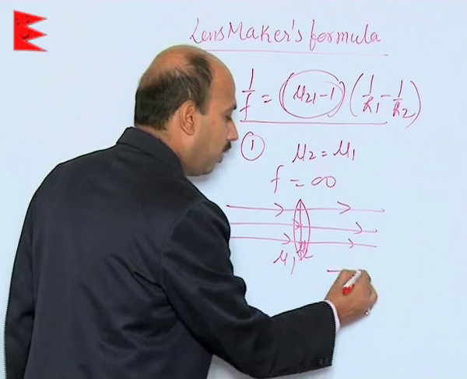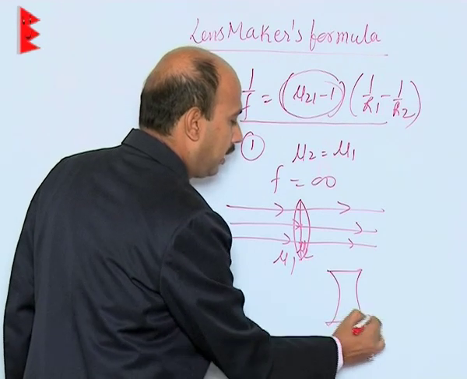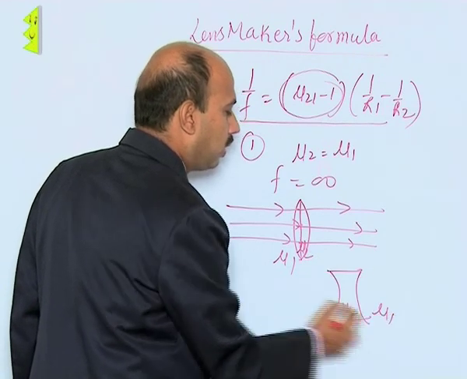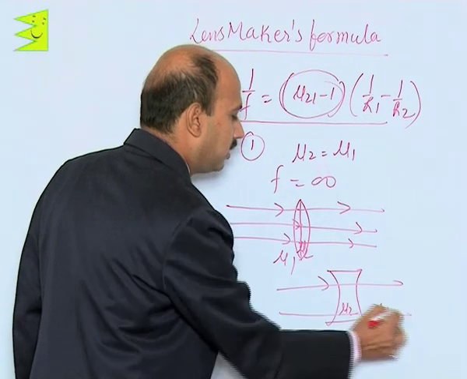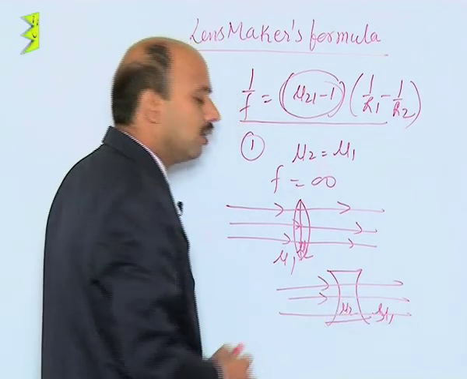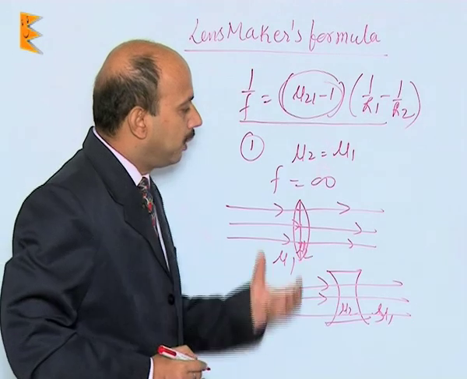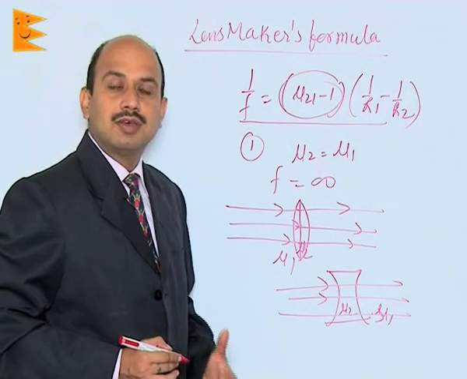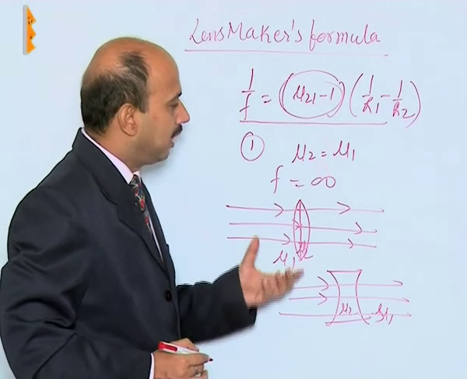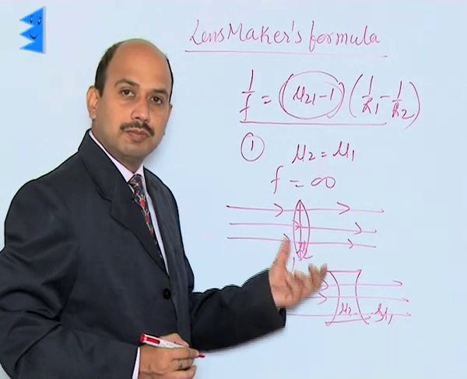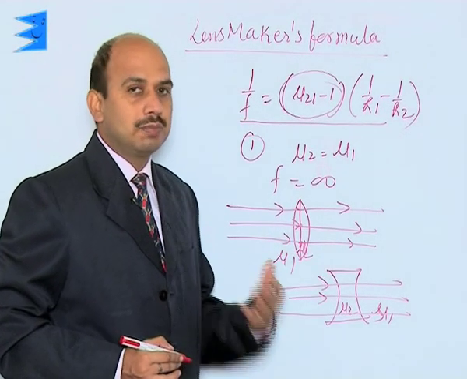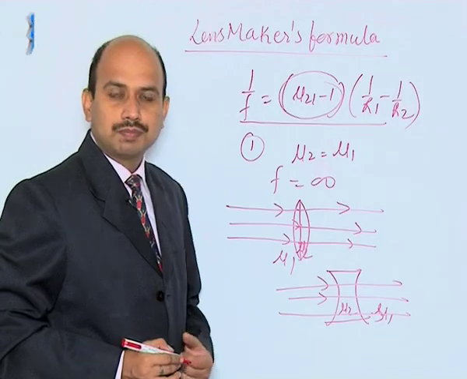If it is a concave lens, and this is mu 2 and this is mu 1, both are equal, so also here the incident rays will go in this way. It means the property of the lenses vanishes if the refractive index of the medium and the refractive index of the material of the lens are equal.